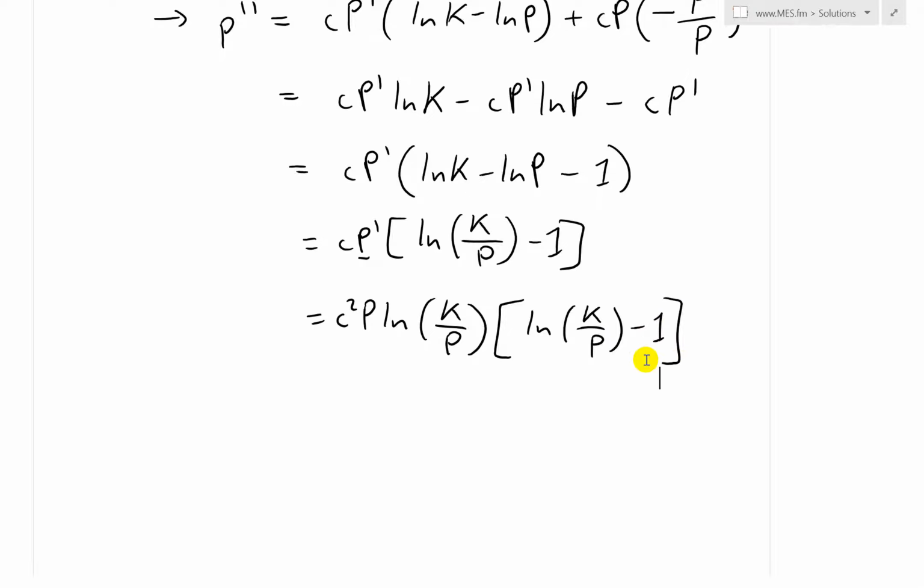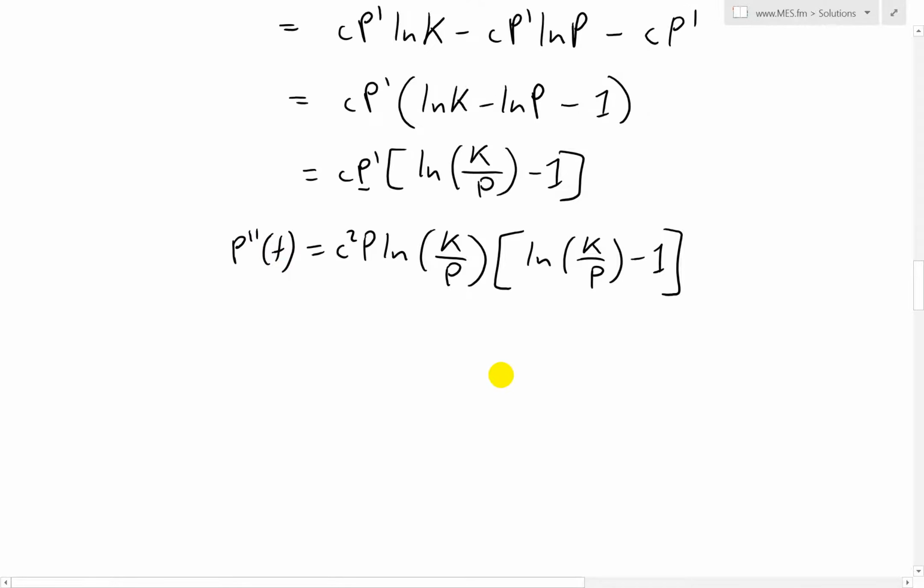So yeah, this is our p double prime of t. Let's write this neater. So p double prime of t. So now the next step is basically set this equal to 0.